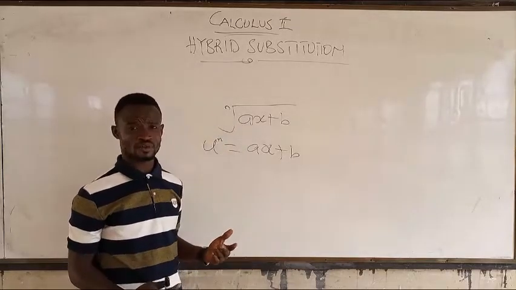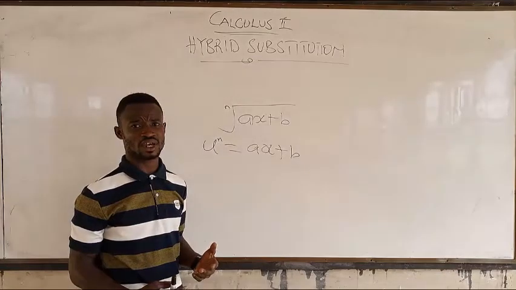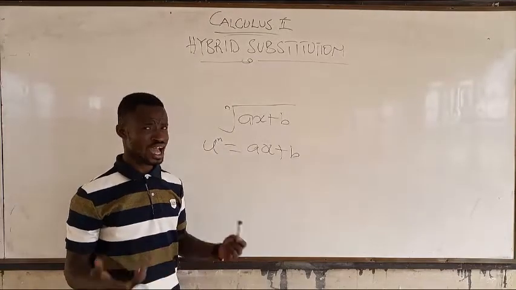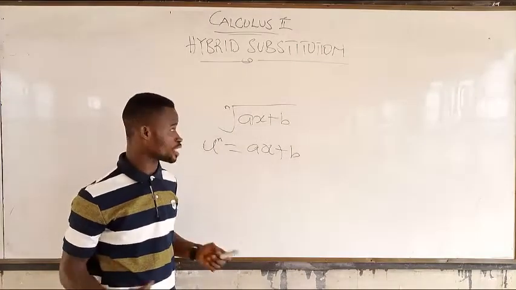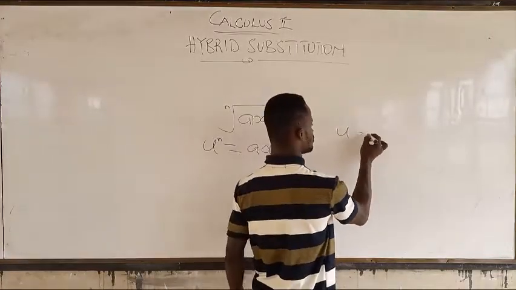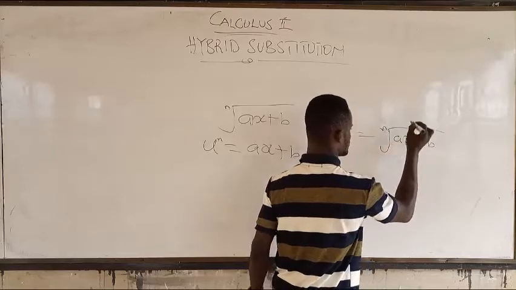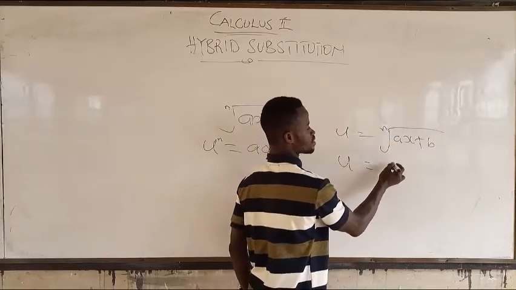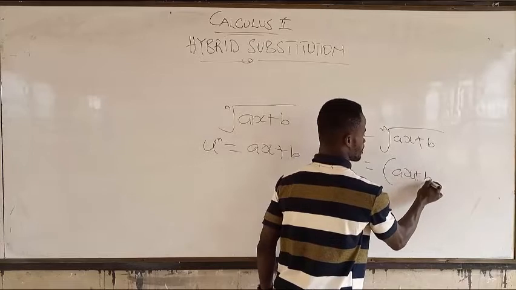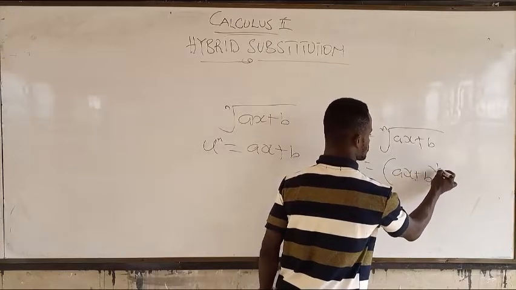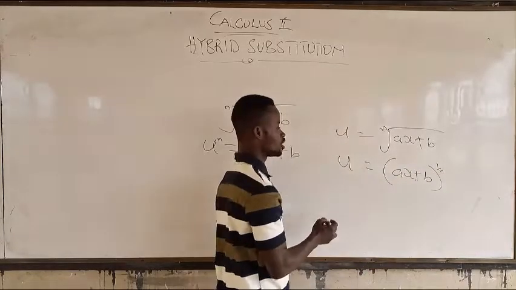You can link it to the one we did in u substitution. As I said, it's still the same thing, but you just watch and see. I hope you can see that u is equal to the nth root of ax plus b.